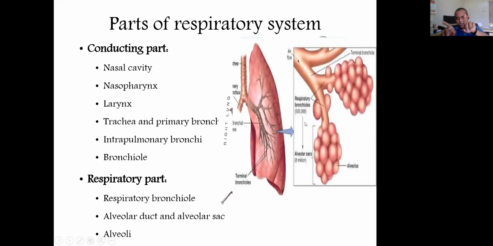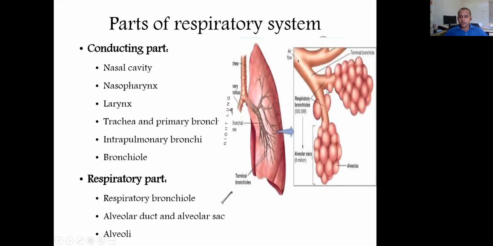So it is again a duct, 2 to 3 alveolar ducts, which have openings of the different sacs. So multiple alveolar sacs open together. This combined one is called an alveolar sac, which is opening into the alveolar duct, and it has multiple alveoli.